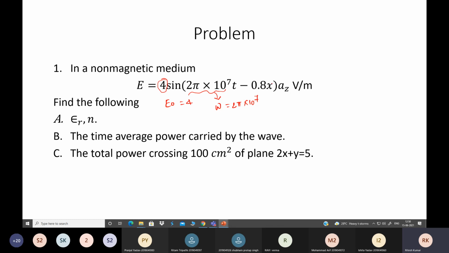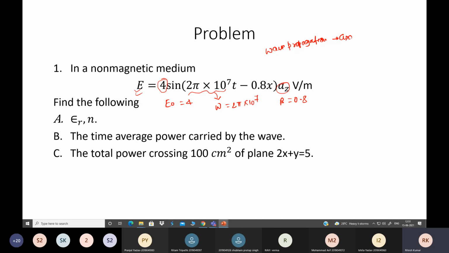The coefficient of x is beta, that is 0.8. The wave is propagating in the positive x direction, that is ax, and az is the electric field direction. Okay, this is our problem.